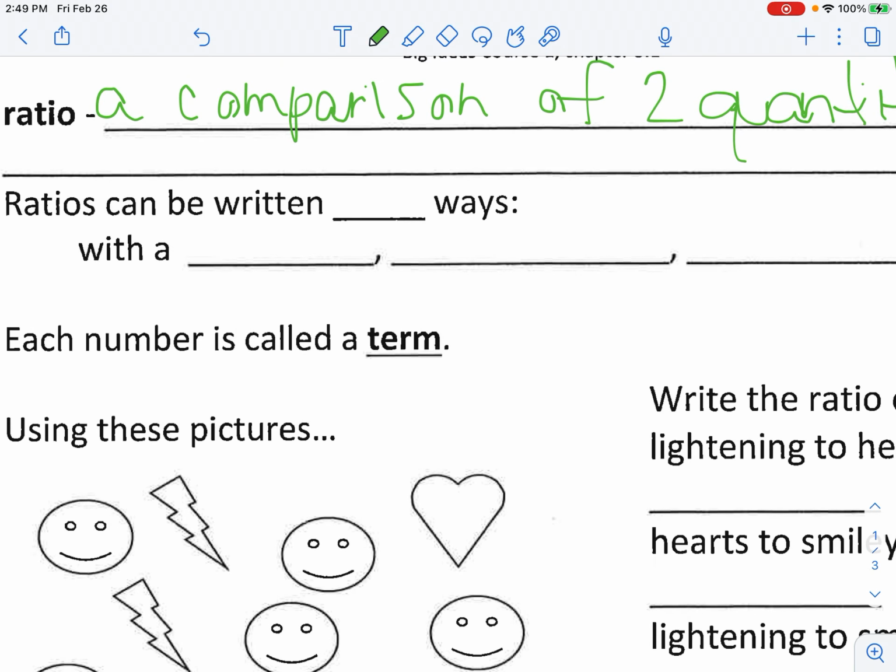So ratios can be written in 3 different ways. The first way is with a colon. You probably see that in your reading, in your books, in a newspaper, in a magazine. So that is what a colon looks like. The second way that a ratio can be written is with a fraction bar.